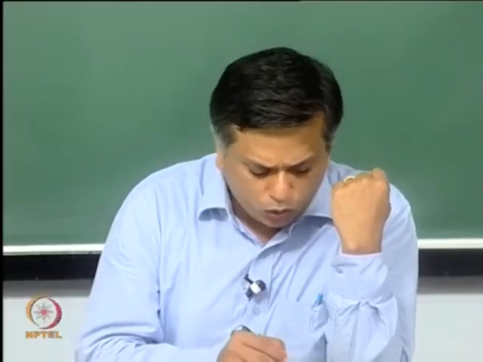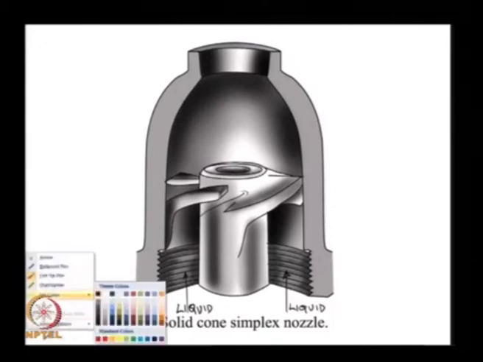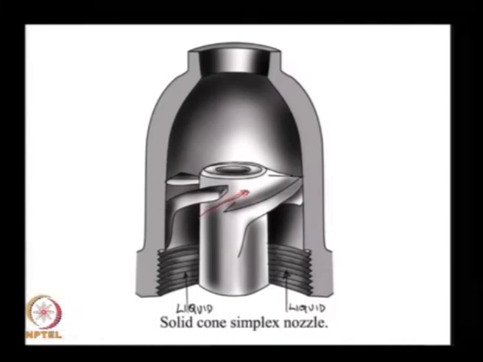The liquid comes through this sort of an annular passage, and because of these veins, the liquid is introduced into this region with a certain kind of swirl action.